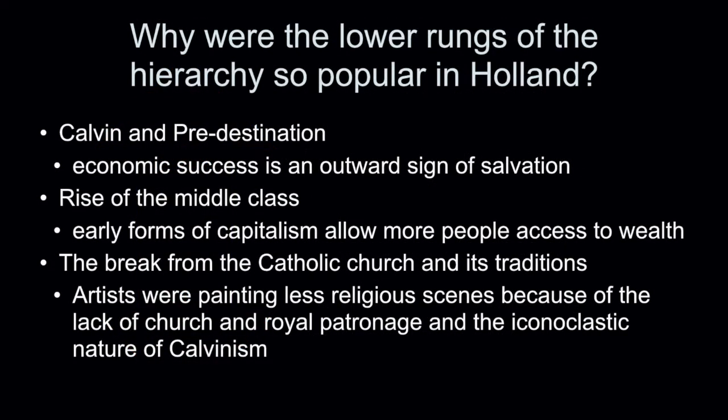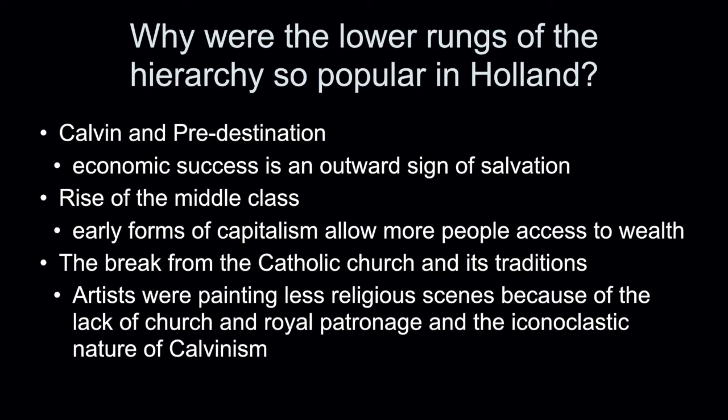First of all, we already discussed Calvin and predestination and economic success as an outward sign of salvation. There was the rise of the middle class, which allowed early forms of capitalism to create more wealth for people. This was a product of trade, mostly from slavery. There was the break from the Catholic Church, so they weren't giving all their money to the Catholic Church anymore.